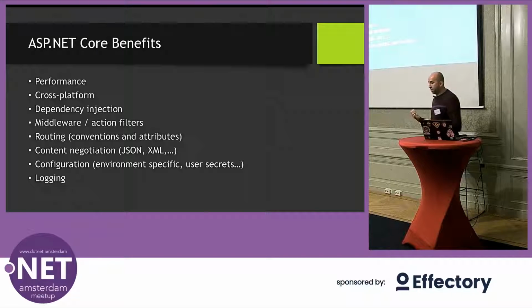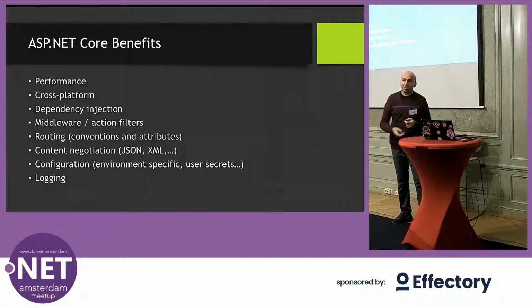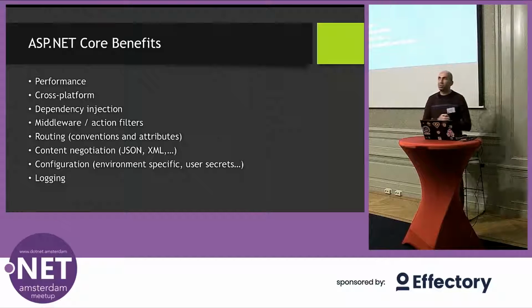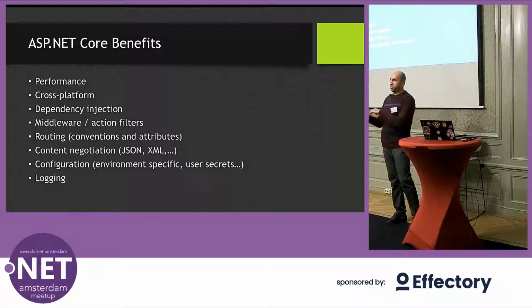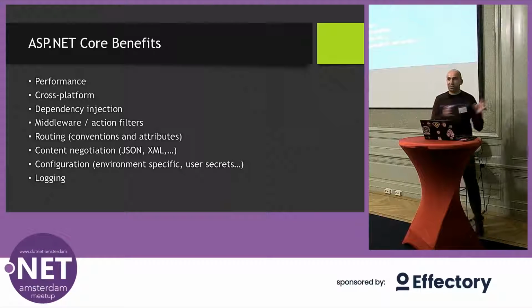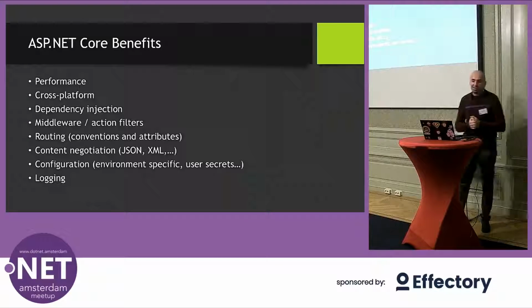You can have settings defined in environment variables, in user secrets, which is a way to keep all of your important things away from source control and from app settings and leave that on your machine. So do not commit the things that are security sensitive.